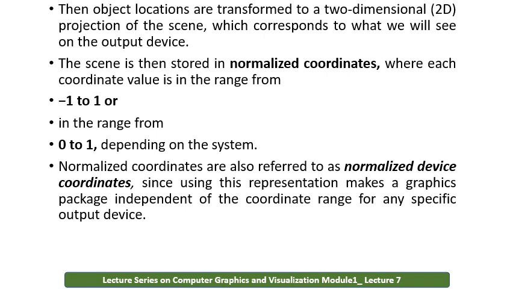When the object locations are transformed to a two-dimensional projection of the scene, which corresponds to what we will see on the output device, this is then stored as normalized coordinates.